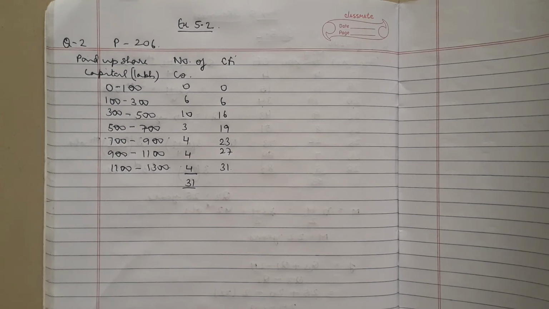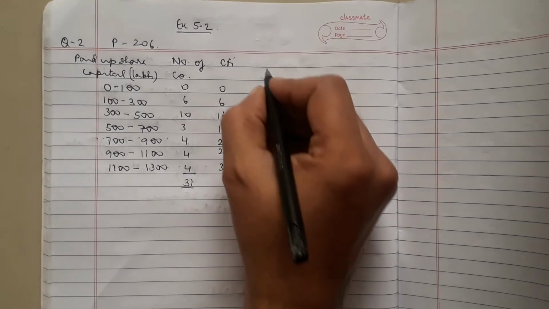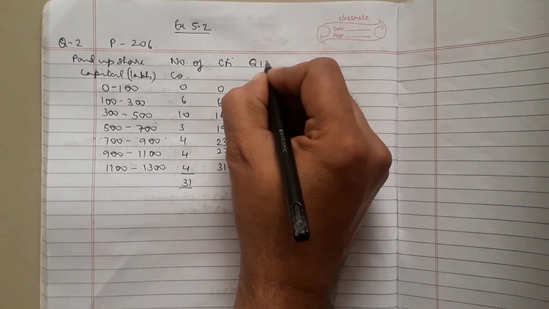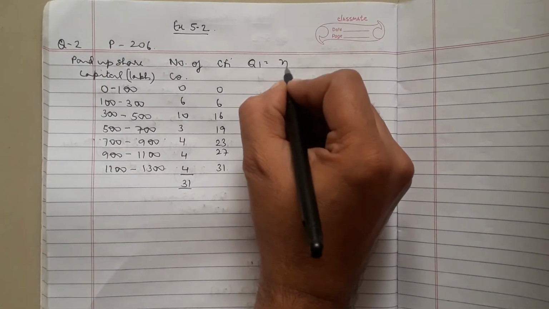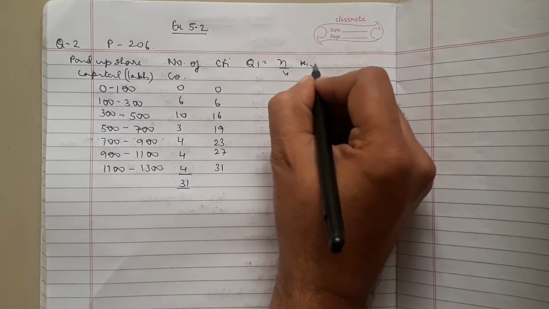Now applying Bowley's method formula, we have to find the value for Q1, Q2, that is the median, and the value for Q3. So finding the value for quartile 1, the formula for Q1 in a continuous class is the n by 4th observation.